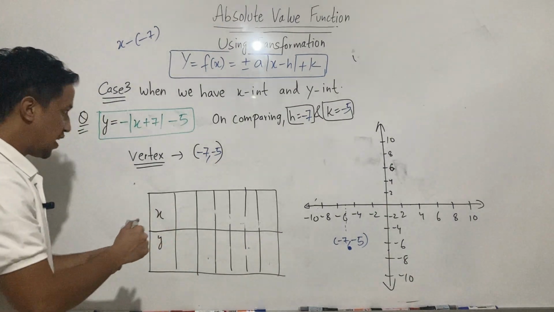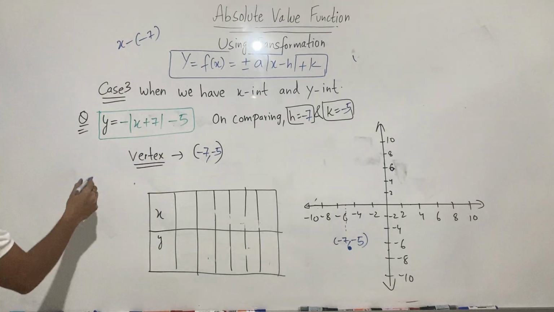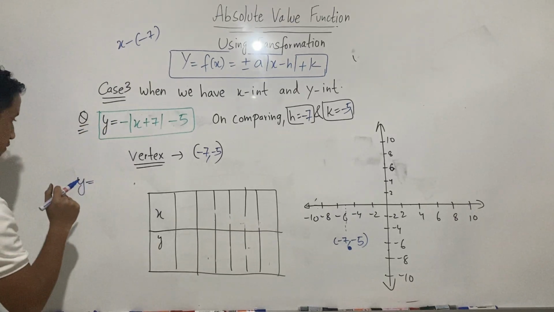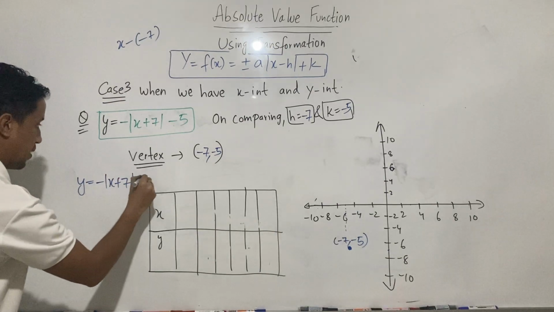Now let's get some values. The function is negative absolute value of x plus 7 minus 5.